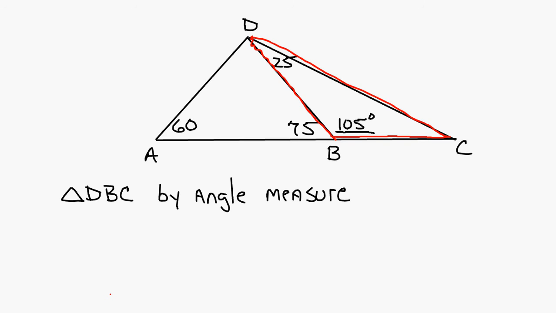So if you take 180 and you subtract 25, and then you subtract 105, you're left with 50 degrees, which is this angle. All right? So now, what kind of triangle is that if it's classified by angle measure? It's an obtuse triangle. Very good.